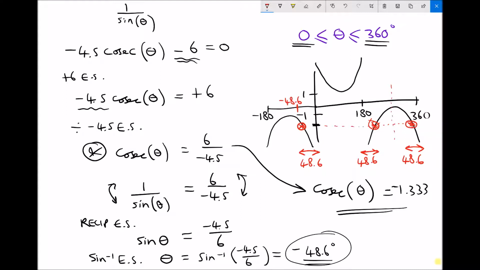So now let's find our actual solutions of theta that sit in our range. We have one value of theta, which is going to be 180 plus 48.6. We can see that from our sketch there. And 180 plus 48.6 is 228.6.